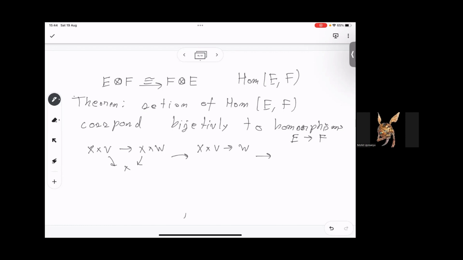And this is the same as having a map from X to Hom(V, W), which as an extra step is a section of X cross Hom(V, W). Any questions or something?